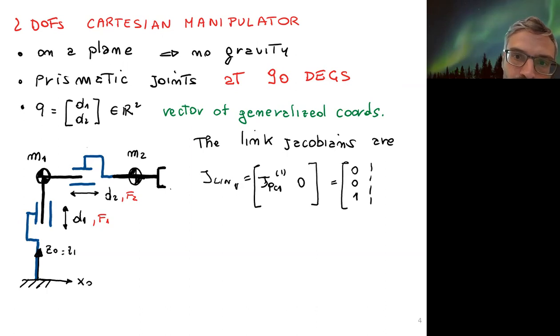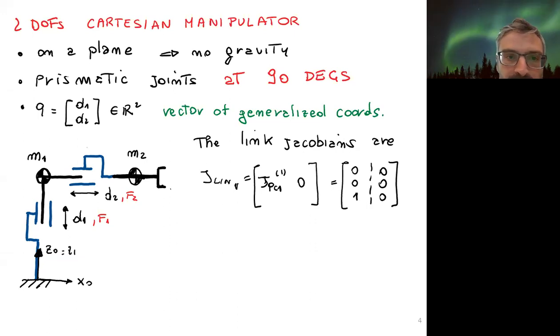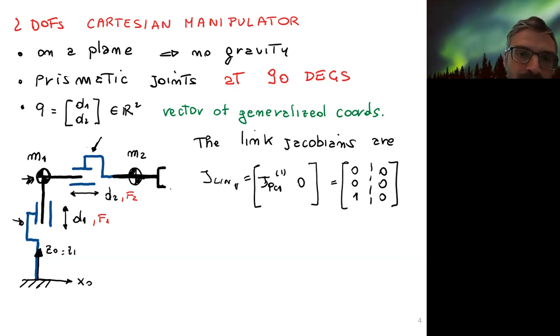You remember the lecture of Octavio. And then we put zeros for the joints that are after that, which will not affect the motion of this point. So the motion of this point will not be affected by the motion of this joint, but only by the motion of this joint. That's why we have zeros.